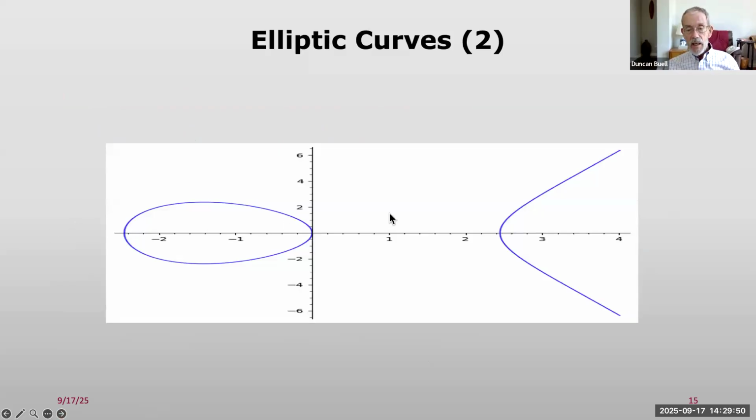If you take a straight line and cut the curve, because it's cubic in x, it will cut it in 3 places, right? And if you think of the different values of a and b, if you push down in the z-plane, the oval on the left will eventually get bigger and bigger and meet the curve on the right, and you'll have just one curve. If you pull it out, it's going to get smaller and smaller, like the pommel on a saddle on a horse.